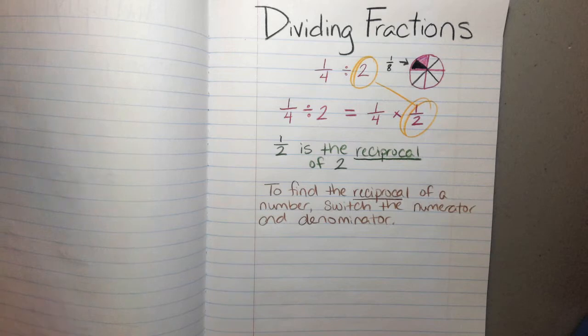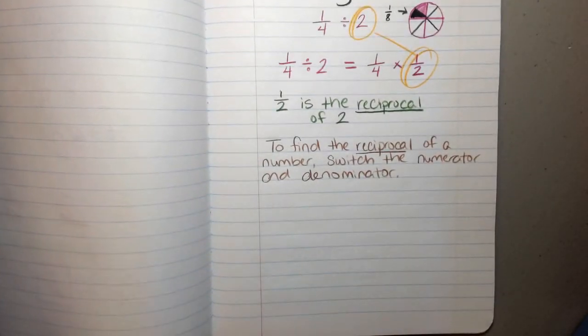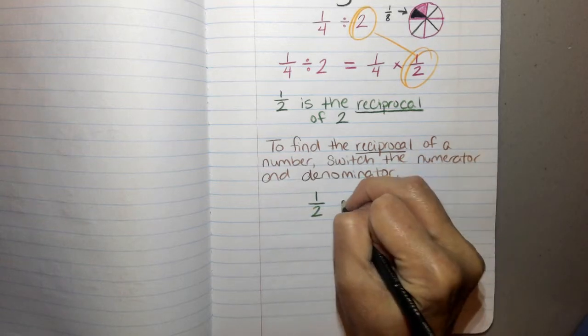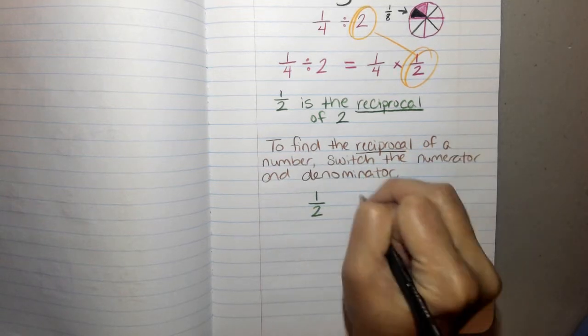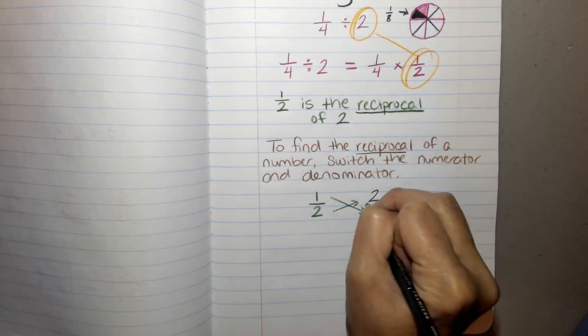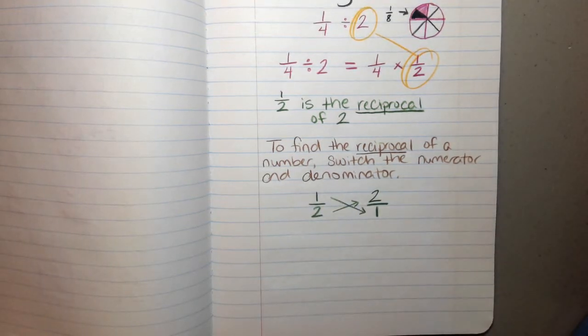So in this case, 1/2, and if I switch this, I'll put the 2 here and the 1 here. 2/1 is just saying 2 wholes, which is the same as 2.